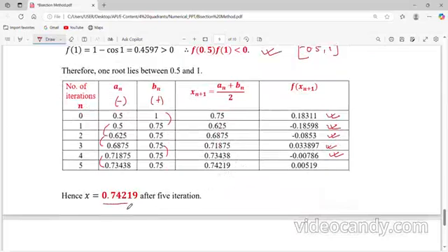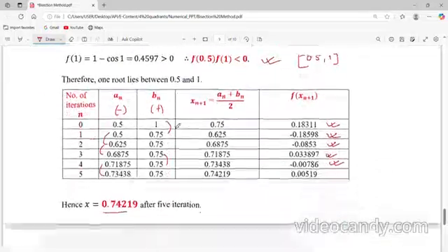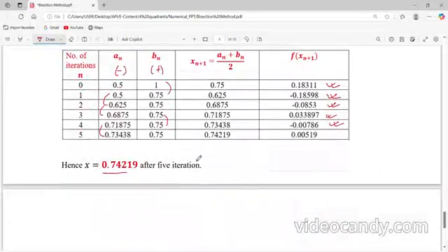Okay, so we can also correct up to 4 decimal places or 2 decimal places, that is your wish. Since it is not given, from your end you will find 4 decimal places if you want to write. So 4 decimal places means 1 2 3 4, 5. The 5th decimal place we have to check since it is greater than 5.